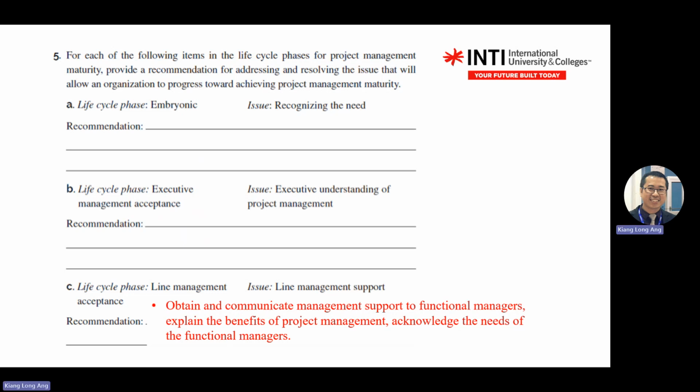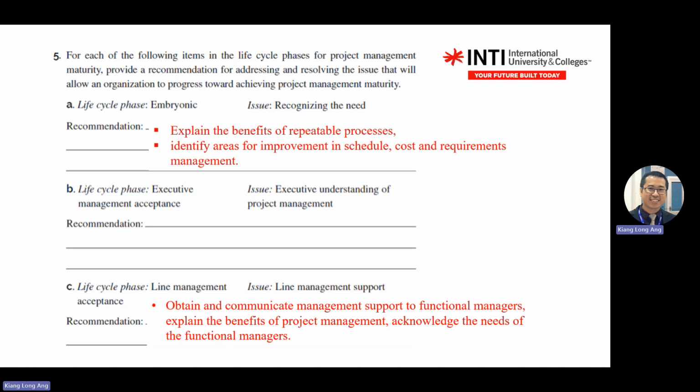For example, now you are working with Proton, and you are a project manager. You don't know what car you want to design, and you don't know the customer needs. How do you find out the customer needs to come up with a new model? Okay, so you do surveys and all these things.